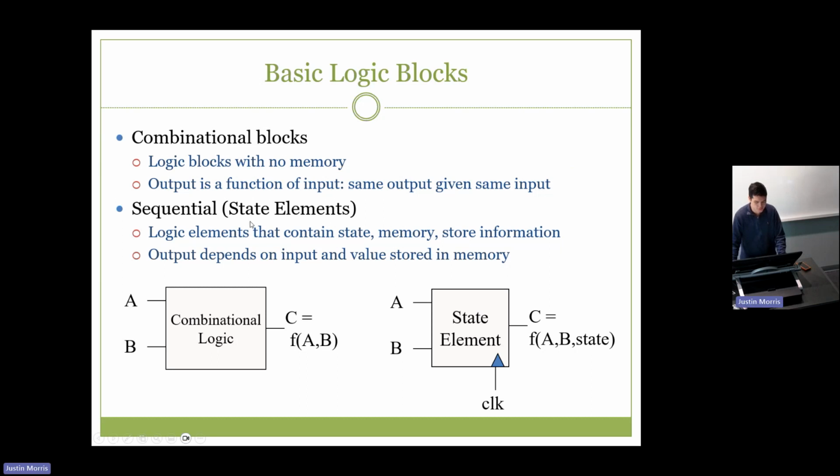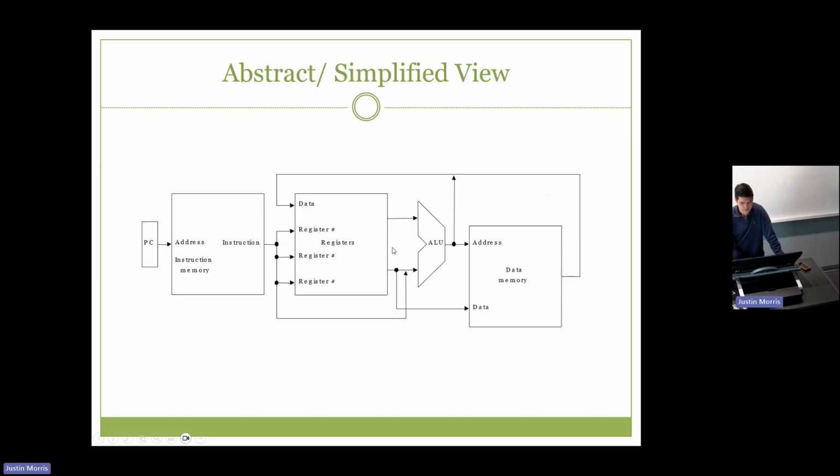And we also have these sequential state elements. So logic elements that contain a state, memory, store information, and the output is going to depend on the inputs and also the value stored in them. So the register file: the data I get on the output of the register file depends on the address, which is the input, and what is stored in that register at that address, right?